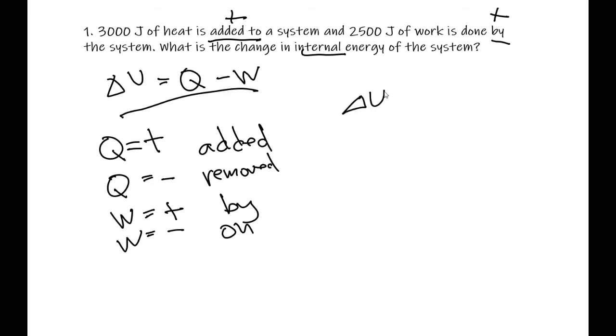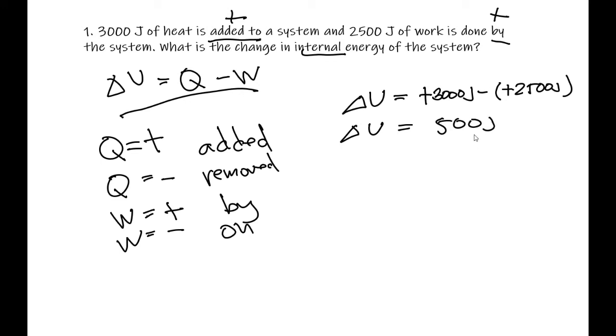Delta U equals Q, positive 3000 joules, minus positive 2500 joules of work. So delta U equals 3000 minus 2500, which is 500 joules.